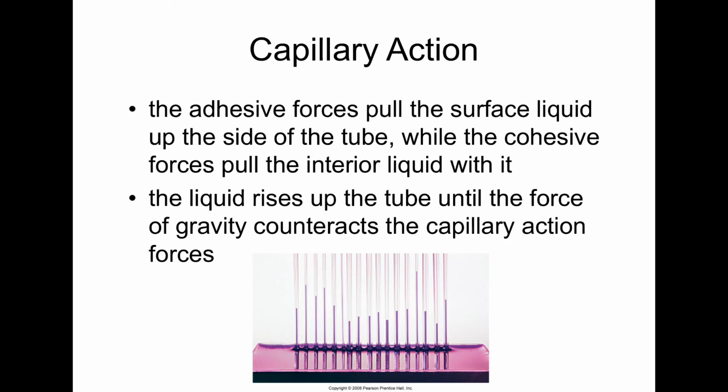So for these really thin tubes, there isn't much mass of liquid to pull up, and it's easier for those adhesive forces to work against gravity. For these wider tubes, there's a lot more mass of liquid on the inside here. And so even though there are the same adhesive forces, gravity is pulling this mass down more, and the adhesive forces aren't able to pull the liquid up the sides as well.